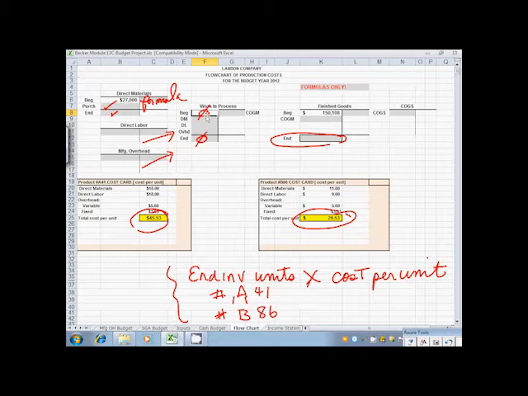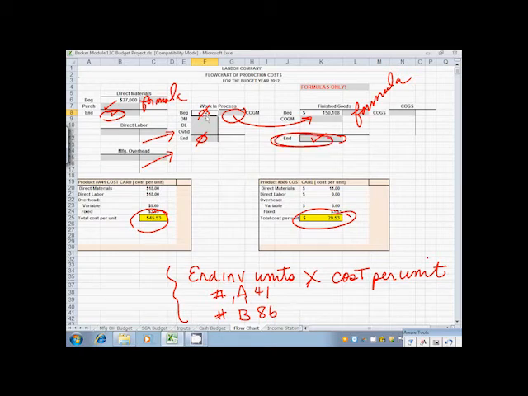Once you are able to find this, you know these costs are going to move over here. You'll be able to find your cost of goods sold with a formula. So as you complete this flowchart, the challenge is to properly evaluate your ending inventories. You'll find this one and you'll find this one.